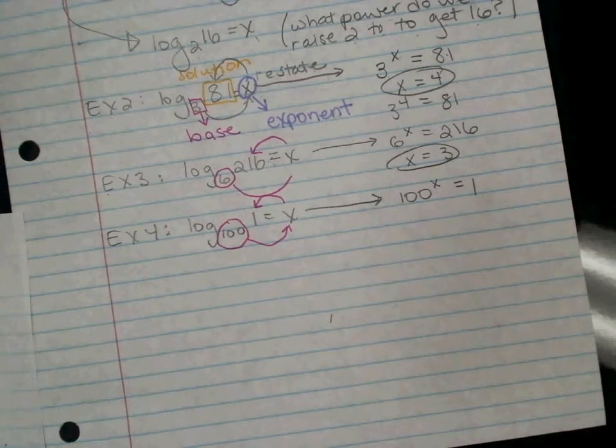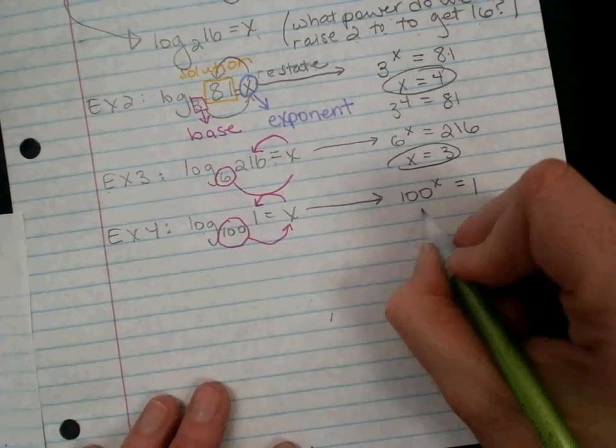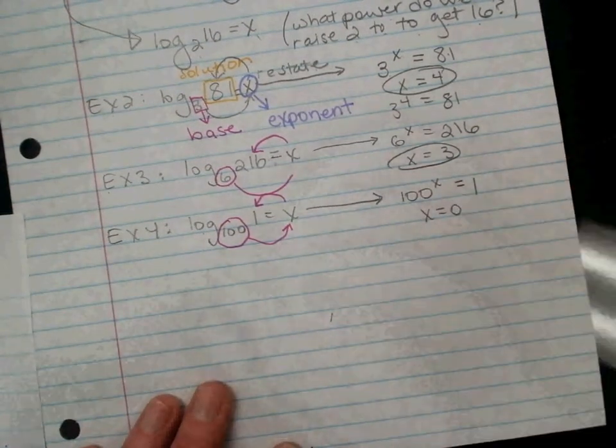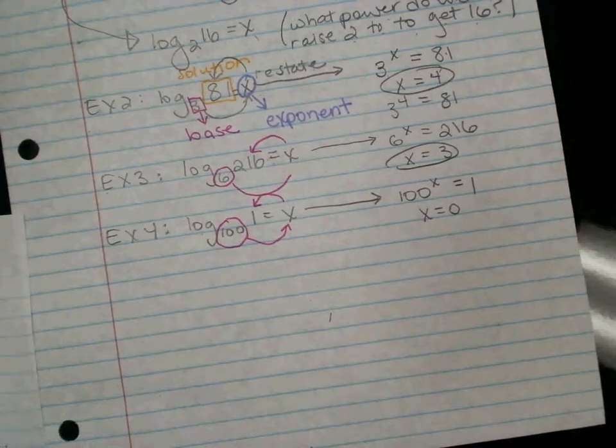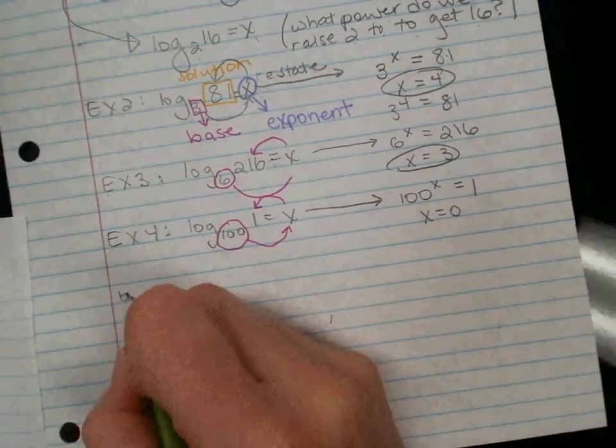Anybody know what x is? Aaron? 0. Yes, x equals 0. Anything to the 0 power is 1. That's kind of a tricky one if you forgot that.